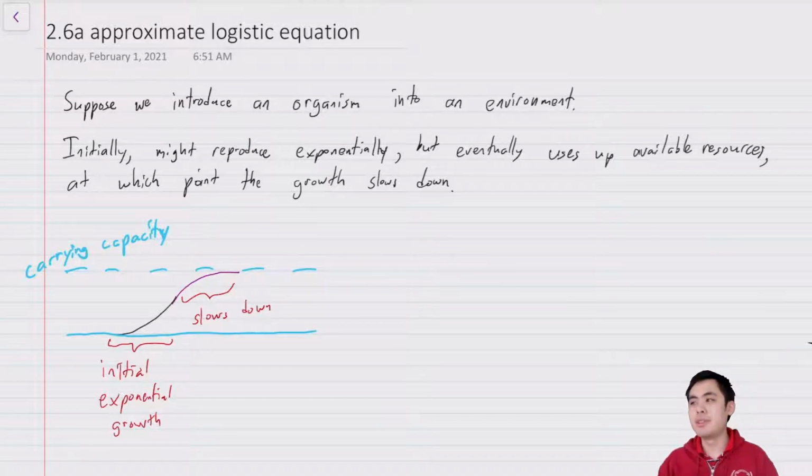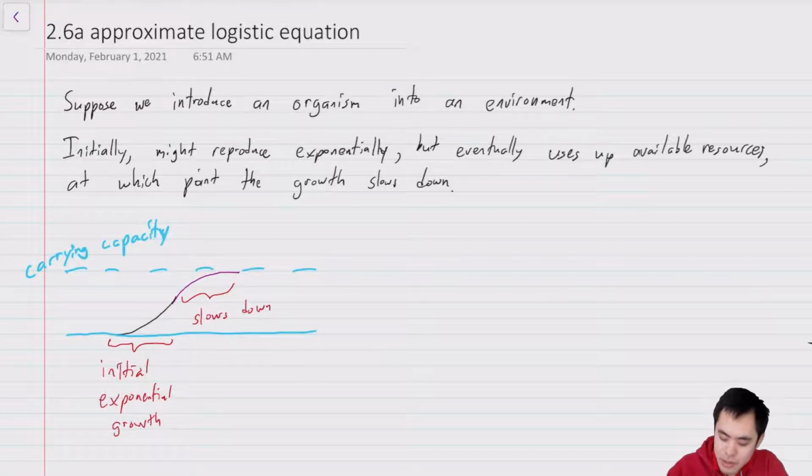Or alternately, maybe you're introducing rabbits into a place where there aren't any rabbits at all, and if the rabbits are fit, they'll breed like rabbits, and then all of a sudden you have an exponential number of rabbits until they eat all the available food, and then things start slowing down. So your population starts slow, grows exponentially, and then slows down near the top. This thing sort of looks like an S, and so this is something we call a sigmoid curve.